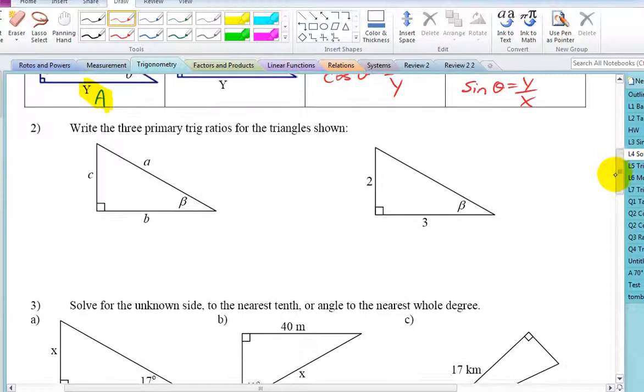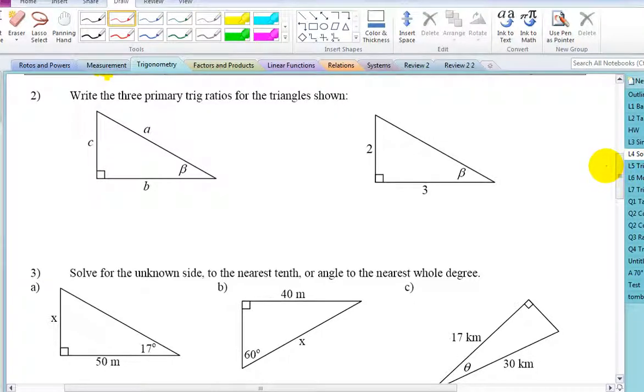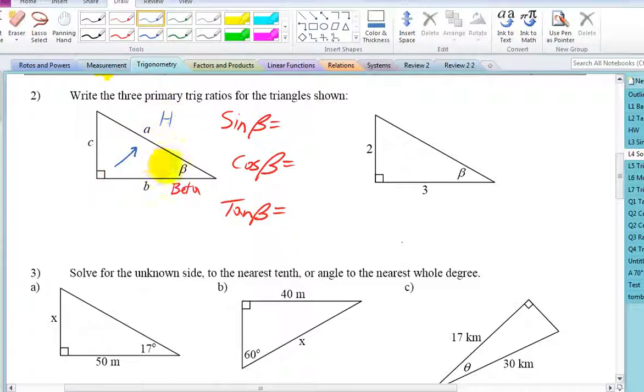Okay, so real quick review. Write the three primary trig ratios. I want to know what is sine beta, what is cos beta, and what is tan beta for the triangle on the left. Start by labeling your HOA.